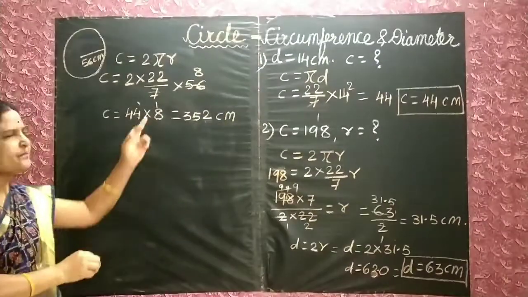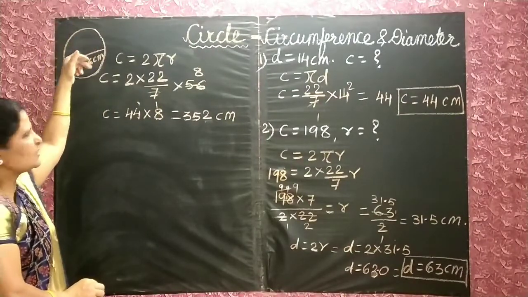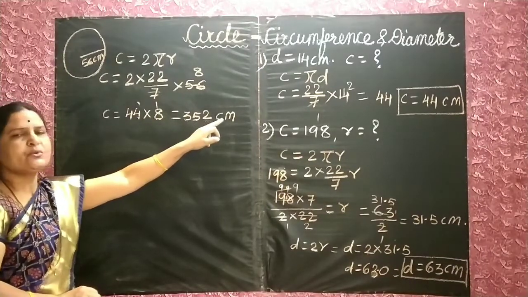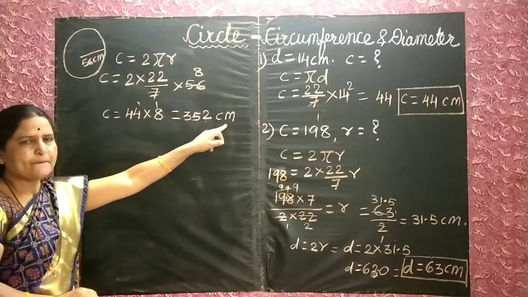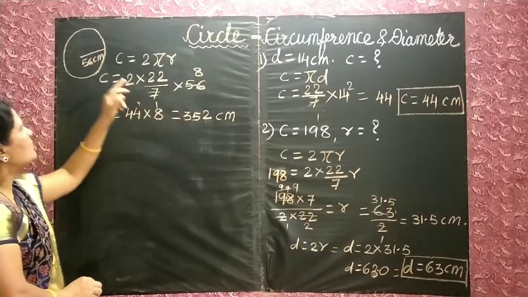What is this? This is the circumference of this garden. The circumference of this garden is 352 centimeter.